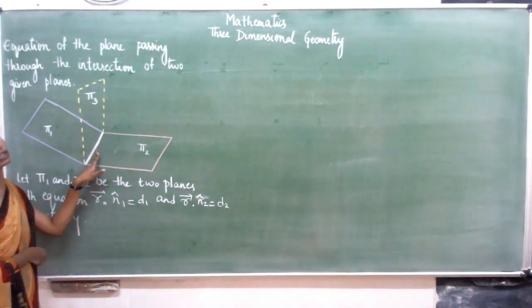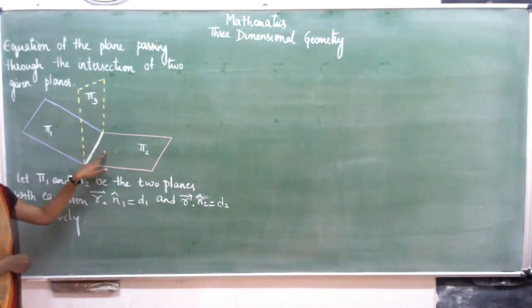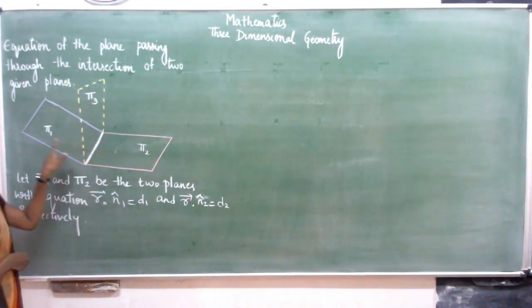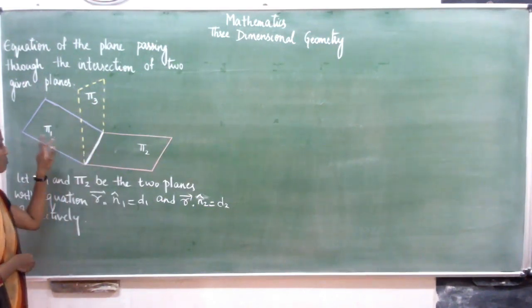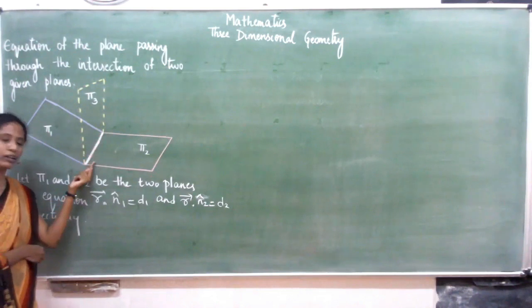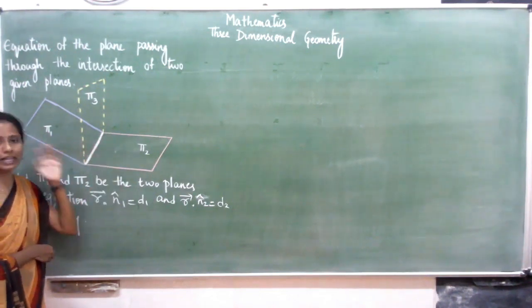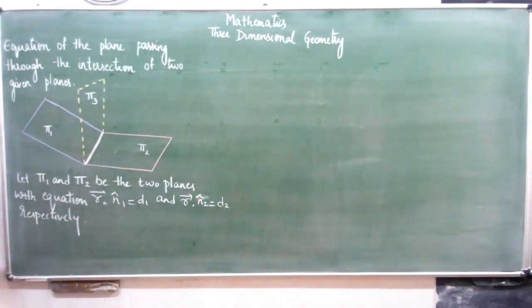So one point I am going to consider and that point's position vector will definitely satisfy the equation of both the planes pi 1 and pi 2 as this line of intersection belongs to both the planes pi 1 and pi 2.